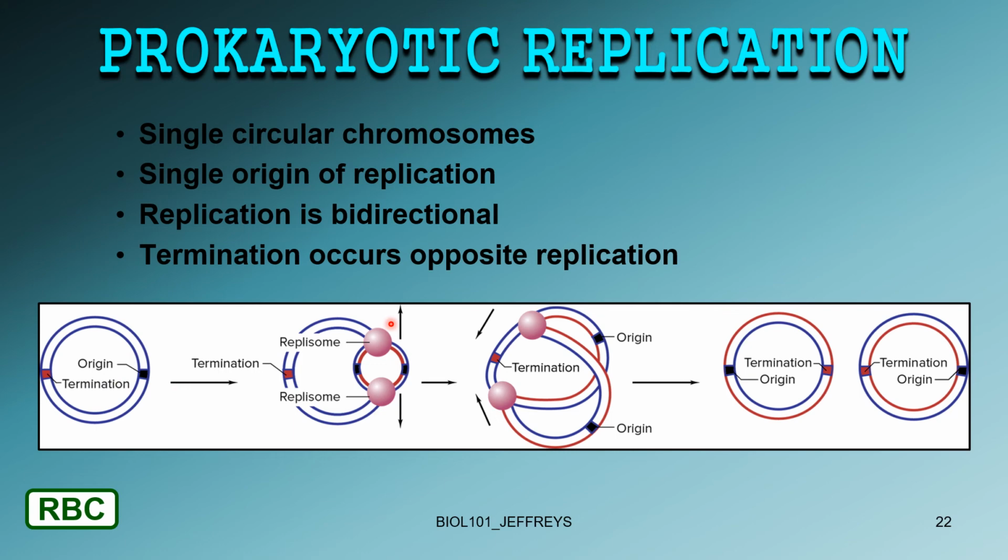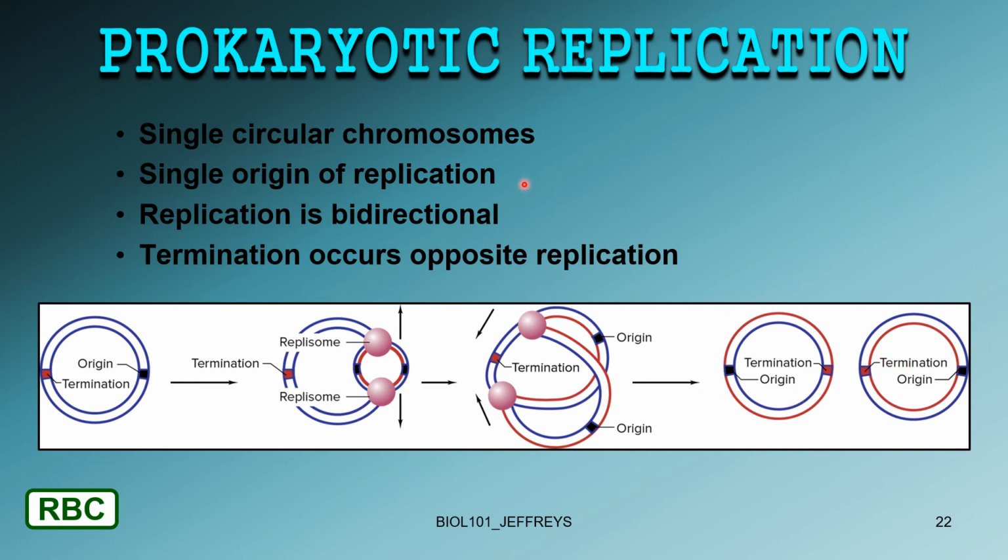And eventually these replication forks are going to meet over here at the point of termination, where then the two strands here of the new chromosome, which is still semi-conservative, but the new chromosome, where the two ends of the new chromosome are ligated together and then separated, and then you end up with two circular chromosomes, one going to each daughter cell.